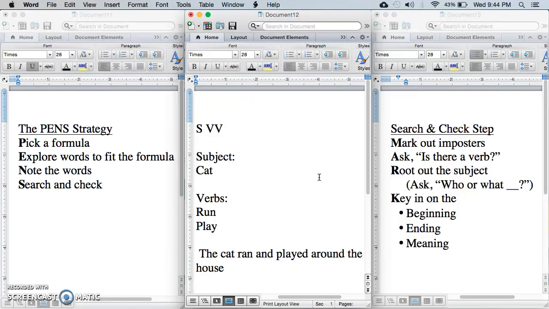We can refer to our preposition chart, and we can see that around the house is a prepositional phrase. So we are going to cross it out and put a P over around the house.